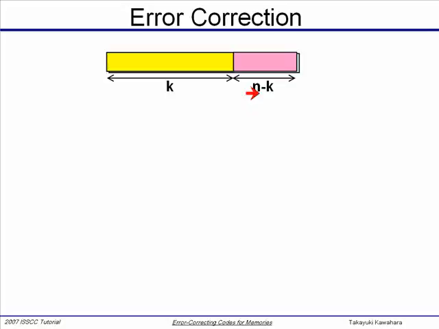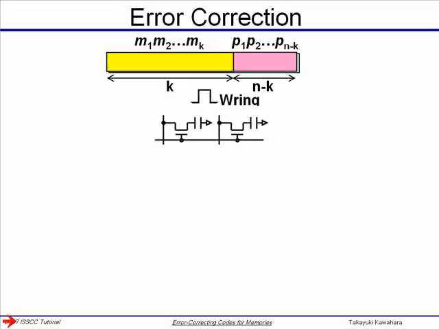So we call the elements in the original ones m1 to mk, and the additional check bits, do you remember, are p1 to p(n minus k). And then these coded words are written to the memory cell. This example is the DRAM cells.